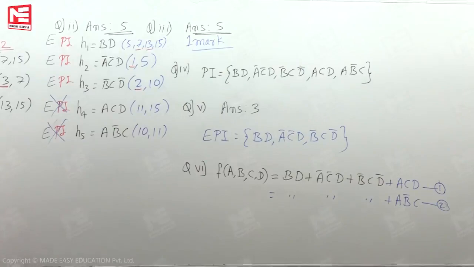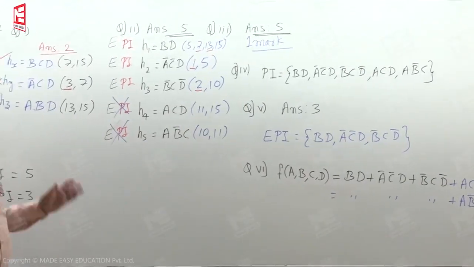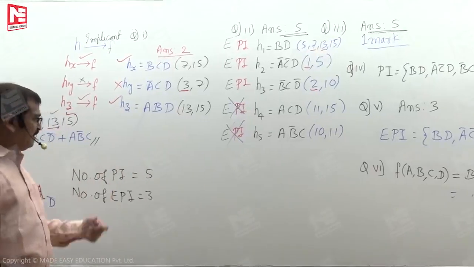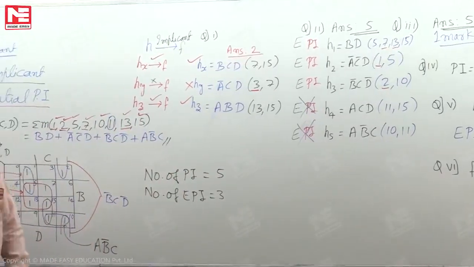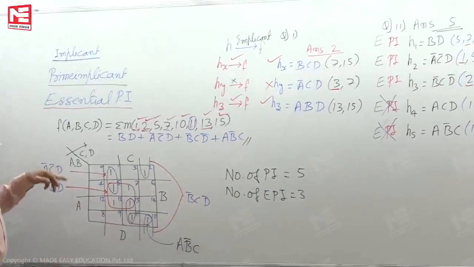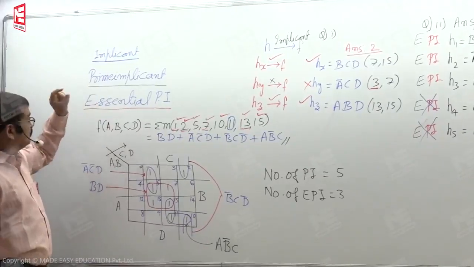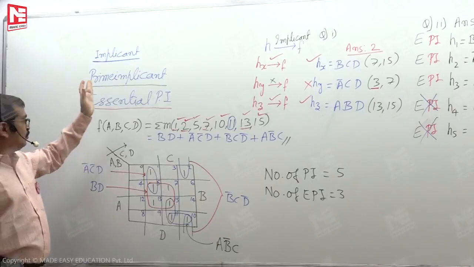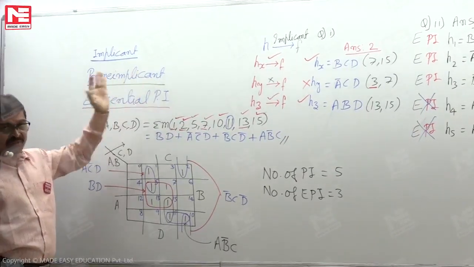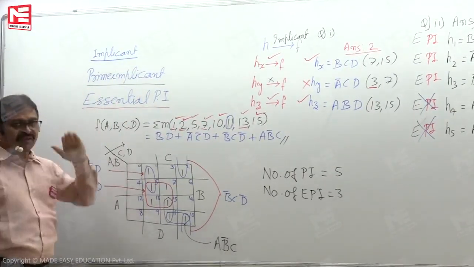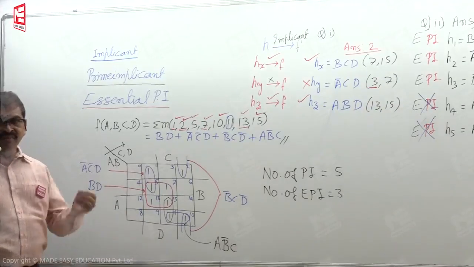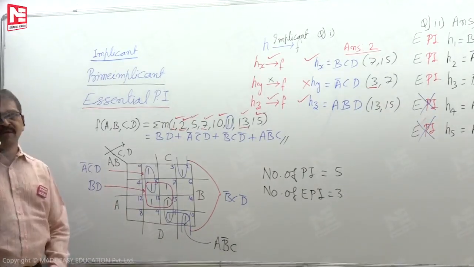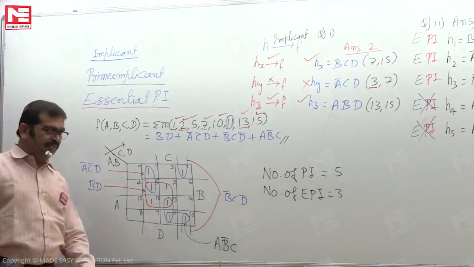It is the final work we are looking for from this K-map. From this K-map example, we started with all these terms. We covered what implicant, prime implicant, and essential prime implicants mean, how to identify the number of prime implicants, how to identify essential prime implicants, and when we name a product an implicant, a prime implicant, or an EPI.